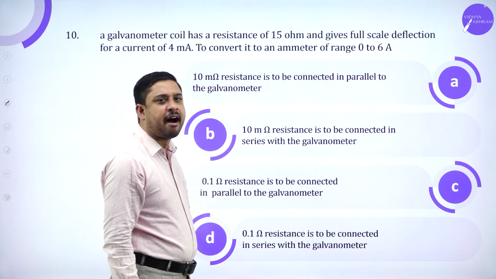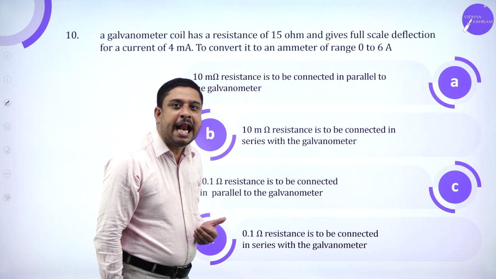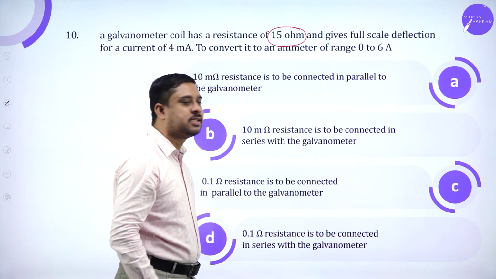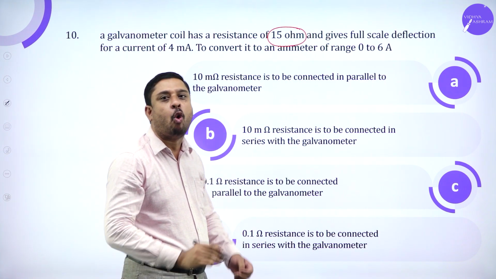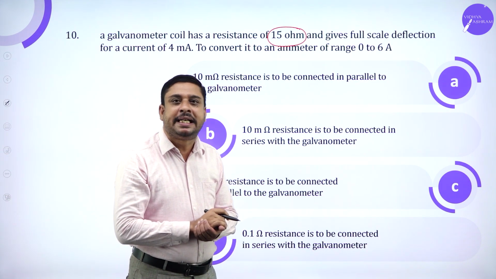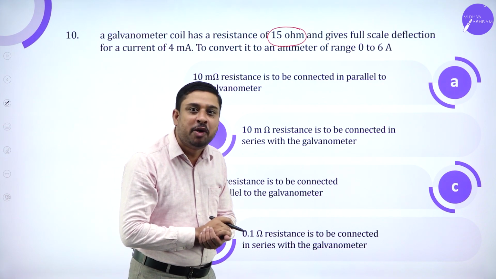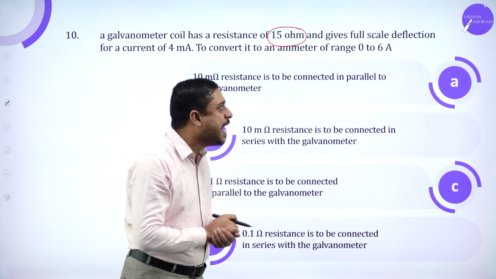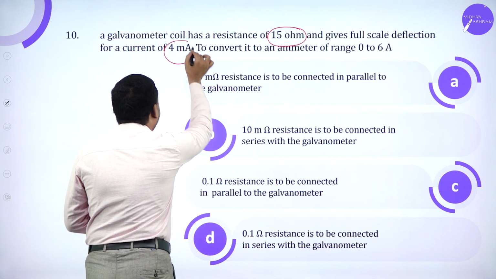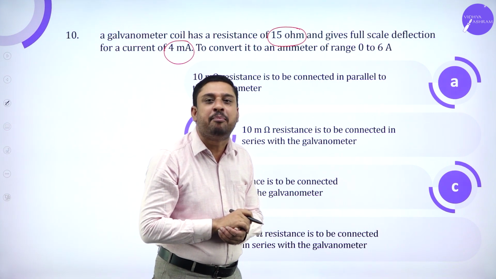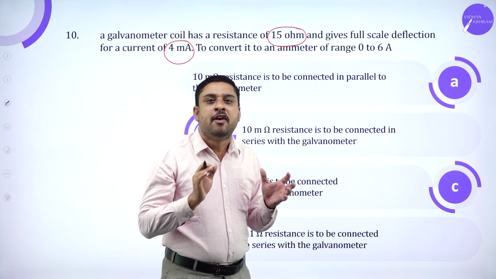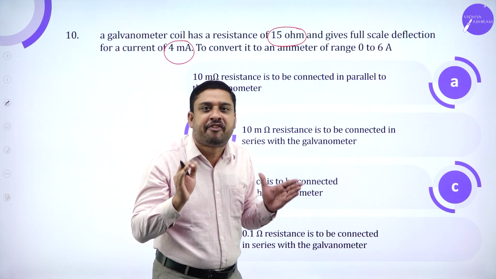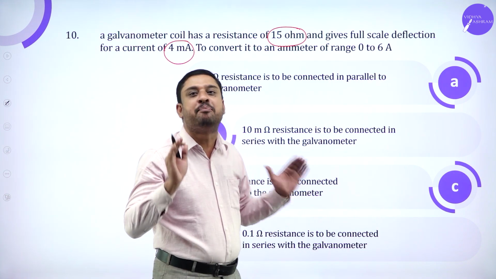Again, a common question asked. A galvanometer has a resistance of 15 ohm, and it gives full scale deflection for a current of 4 milliampere flowing through the galvanometer.